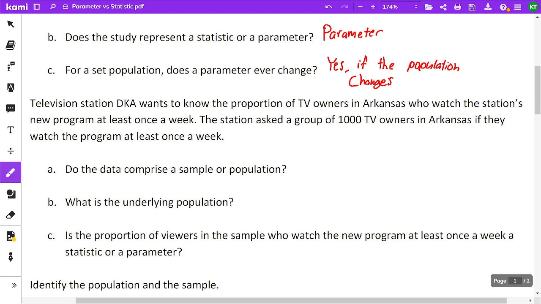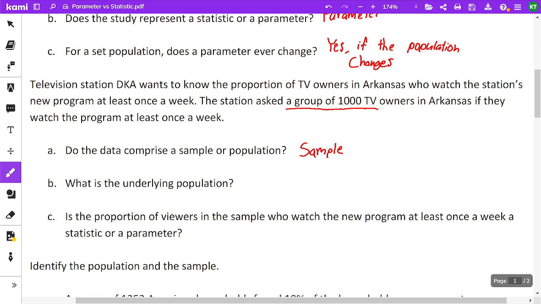In this case, because they're asking a group of 1,000 TV owners in Arkansas, it's going to be a sample. And so question B relates to this, saying what is the underlying population? So what is that sample representing? That sample is going to represent all TV owners in Arkansas.